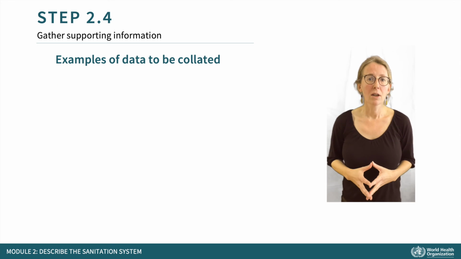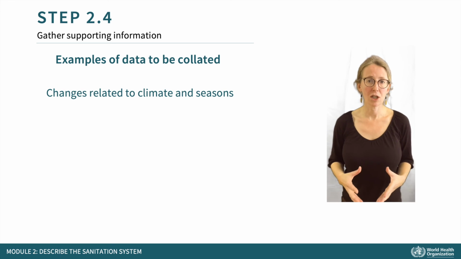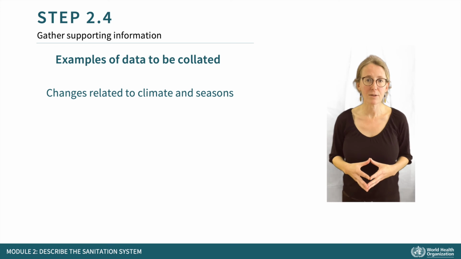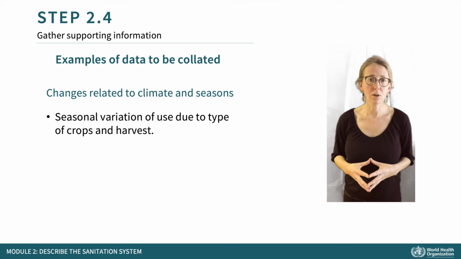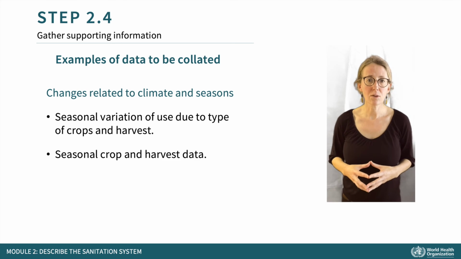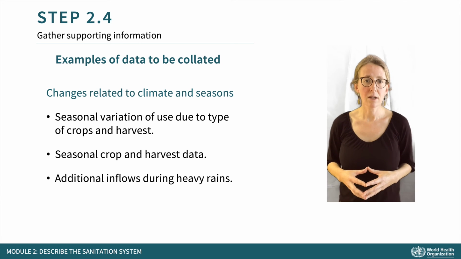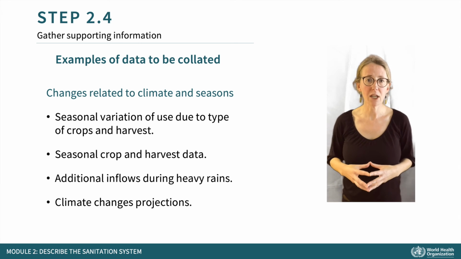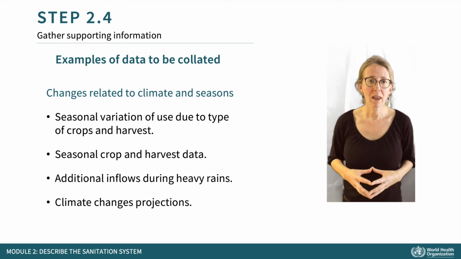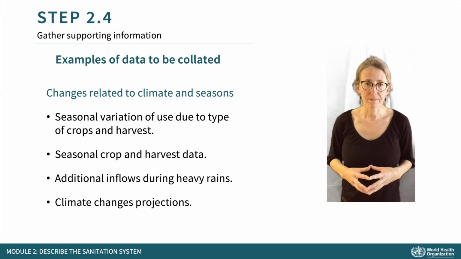And finally, you should collect information about changes related to climate and seasonal conditions. Seasonal variation of use due to the type of crops and harvest, seasonal crops and harvest data, additional inflow areas during heavy rain and implication on treatment step, climate change projection.